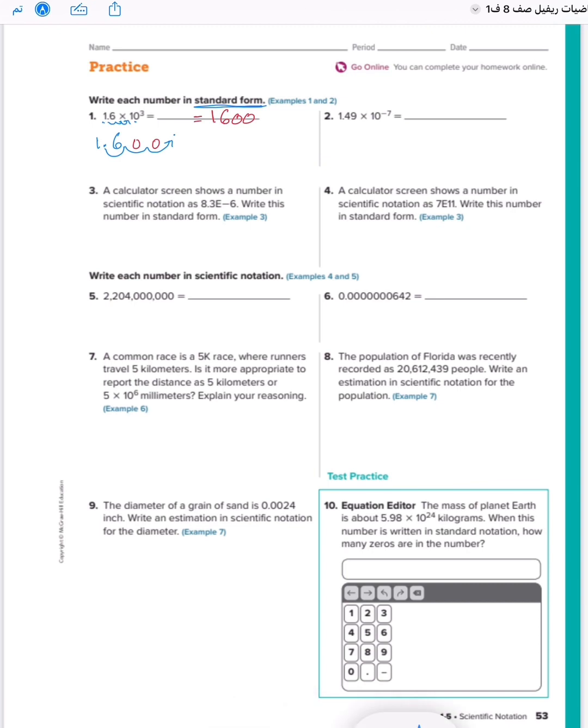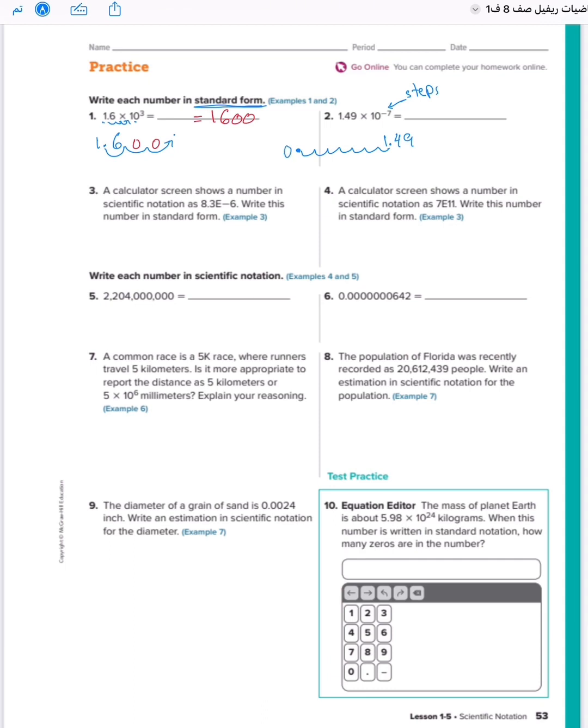Okay, let's see the other one, the second one. 1.49, we say because the power is minus 7, it must start with 0. How many steps? 7 steps. Okay, we must move 7 steps. We have the point here, so we want to start with 0, so we will move this side: 1 2 3 4 5 6 7, and put the point here.